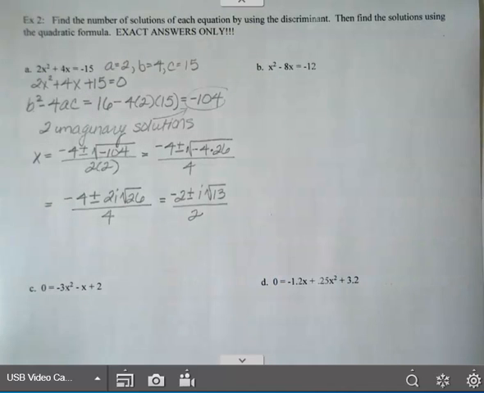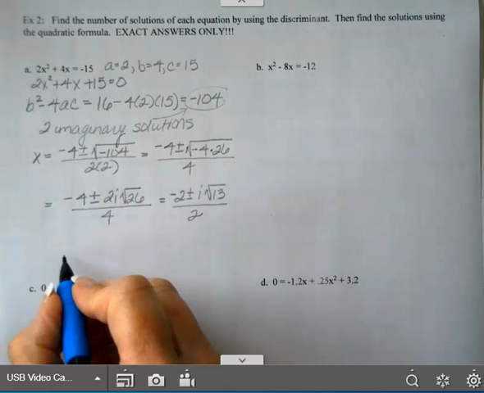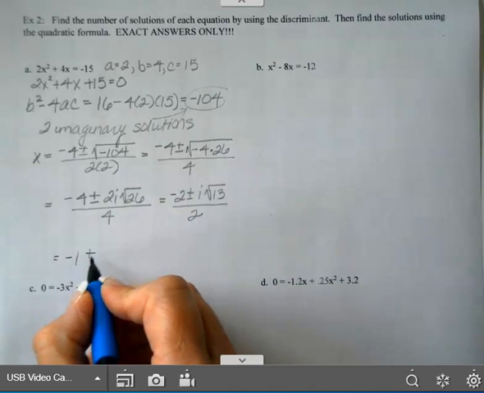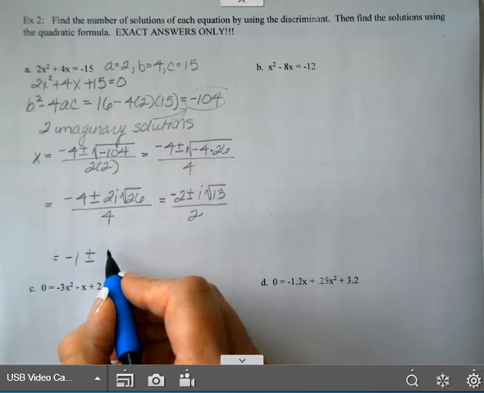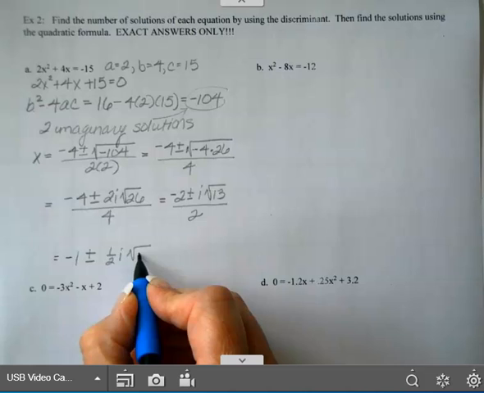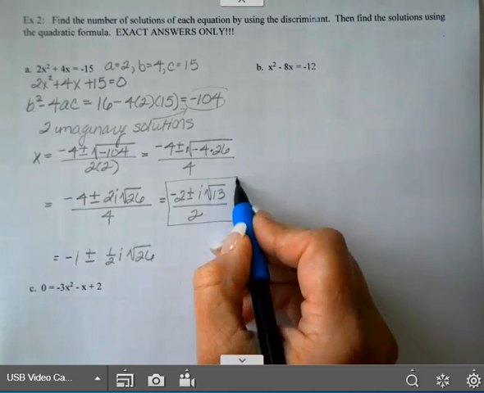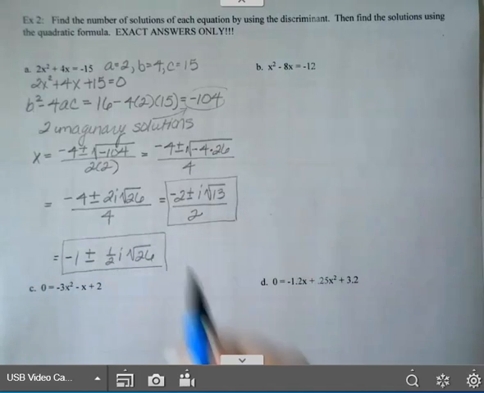Or if you want to separate it into a real part and an imaginary part, you could divide the negative 4 by 4 and get negative 1 plus or minus, and then 2 divided by 4 is going to be 1/2, so that'll be 1/2 i square root of 26. So I would be happy with either answer.